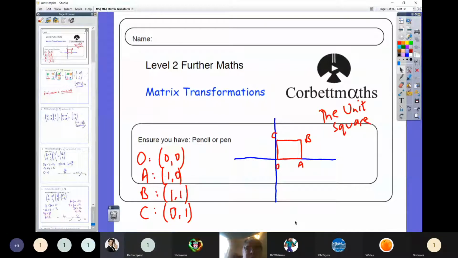And then if you want some more practice, I've popped a lot of questions onto Dr. Frost's Maths. I took all the questions they had on matrices, matrix transformations. Please don't feel obliged to do them all. It's just, I just thought if they were there, you could just dot around as and when you see fit.